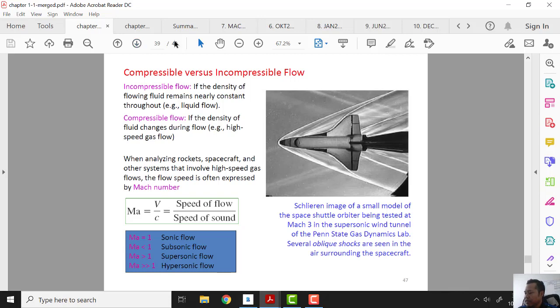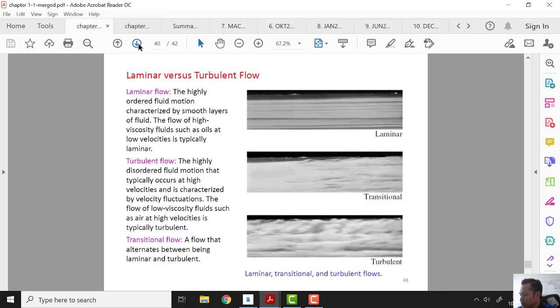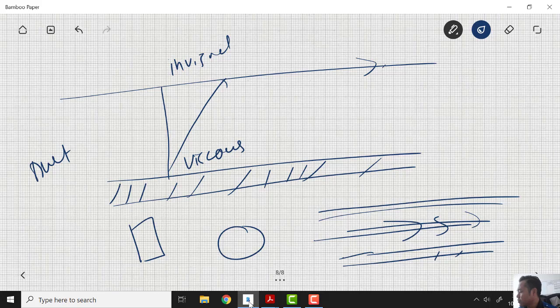Now, laminar, turbulent, and transitional flow. What is the difference? Very simple.